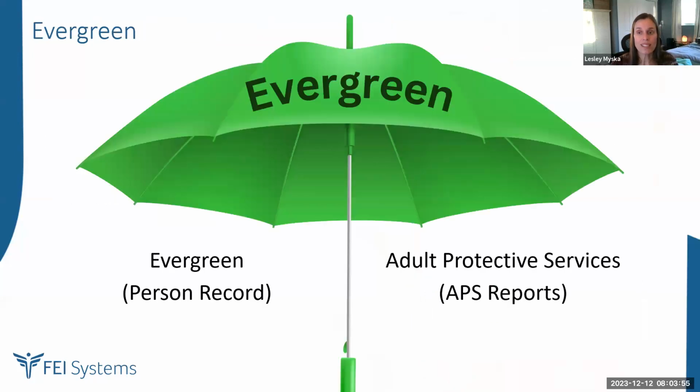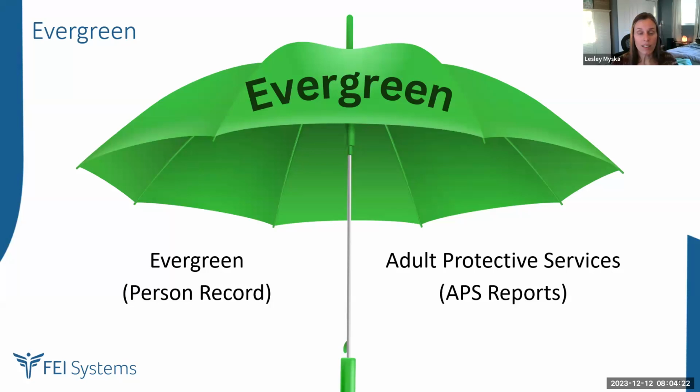There are two different sides, or sections, of Evergreen. There's the Adult Protective Services side of the system. This is where we capture APS reports. And then there's the Evergreen Person Record side of the system. This is where we're going to focus our training for today, because this is where our EIS functionality is going to move onto the Evergreen Person Record side.